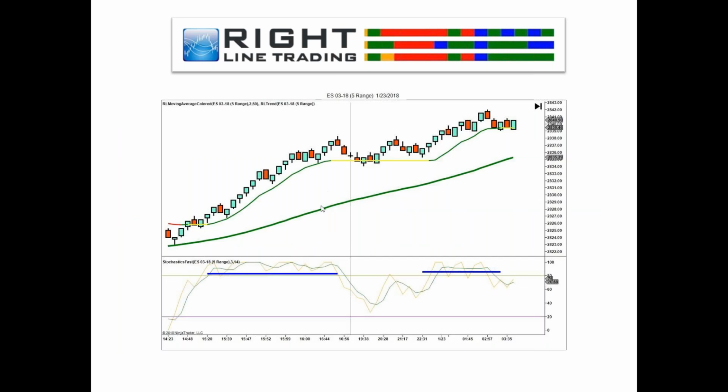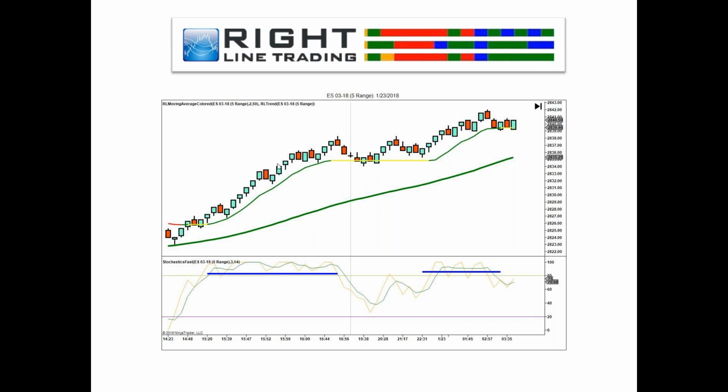Now, the stochastic, we've also modified its interpretation to give it more predictive power. When the market's overbought or oversold on the two higher time frames, the stochastic line will always be green, overbought, or red, oversold.